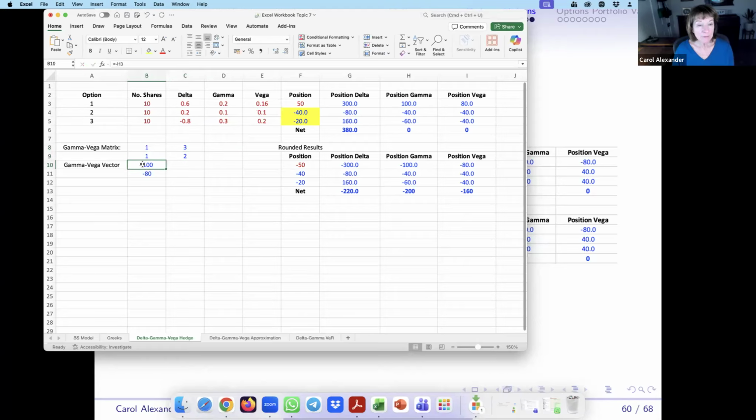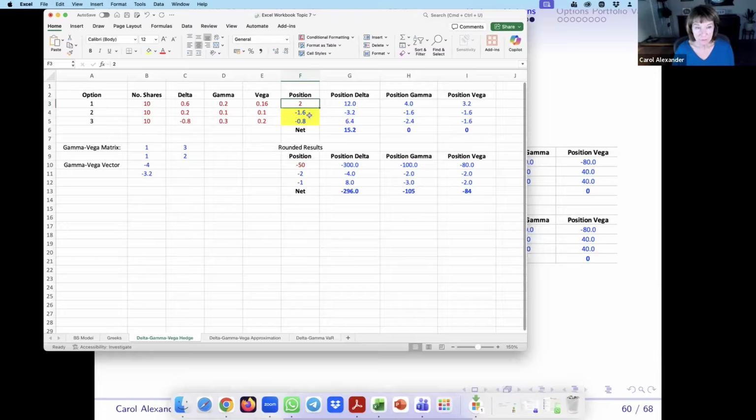And then the gamma vega vector gives you the position gamma and the position vega that we're trying to find. And so I already solved for this one, but if I make it say 80 here, or 2, you see that you're always going to end up with different results.